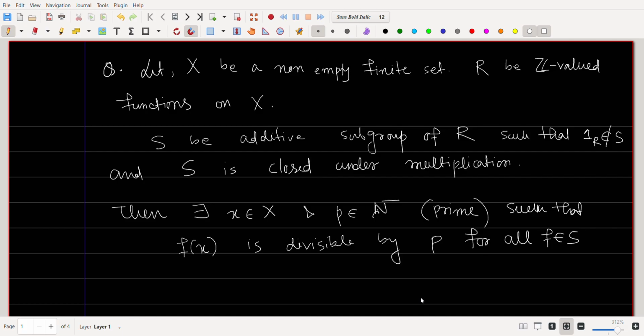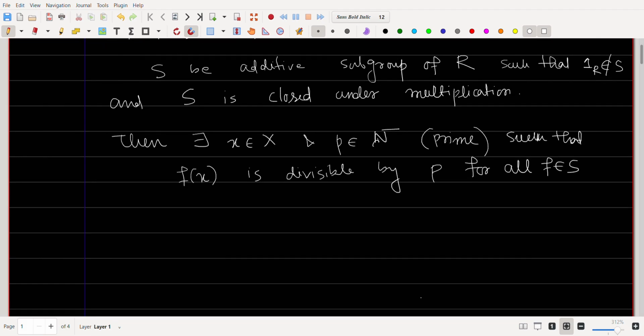So let X be a non-empty finite set and R be the set of Z-valued functions on X, and S be an additive subgroup of R. It is given that the unity of this R doesn't belong to S. By the way, this R forms a ring, right?